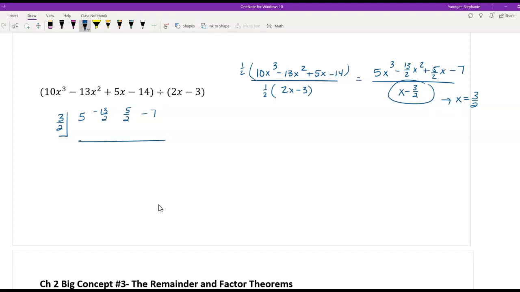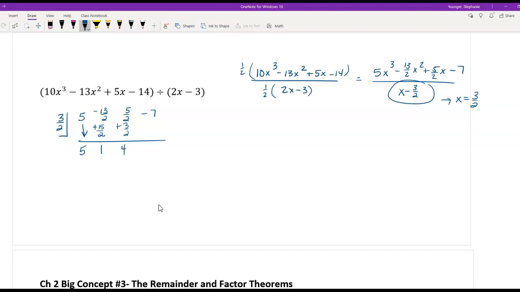Just like last time, I'm dropping the first one. 5 times 3 halves is 15 halves. Now I'm adding negative 13 halves plus 15 halves, which is a beautiful 1. 3 halves times 1 is 3 halves. 5 halves plus 3 halves is 8 halves, which is 4.